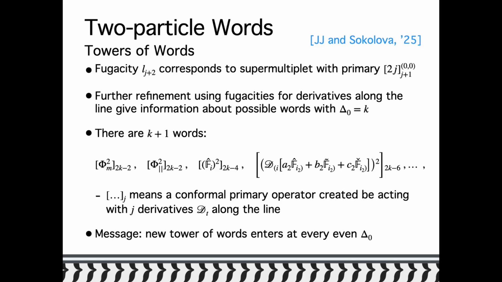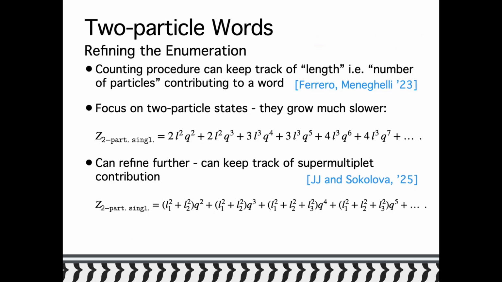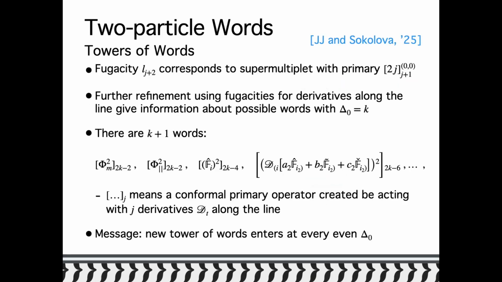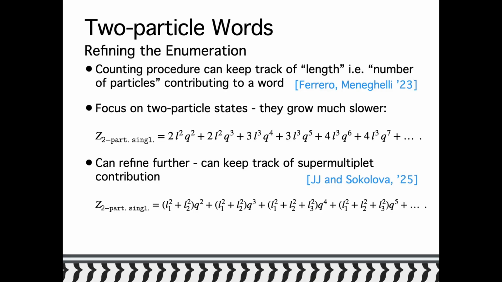Okay. And essentially, what this tells us, if we go back to the last equation on this slide, is that there is a new tower of these words that gets generated at every even dimension. So at dimension 2, I had two words: phi m square and phi parallel square. At dimension 3, I still have phi m square and phi parallel square, but then I'm also allowed to act with one derivative.